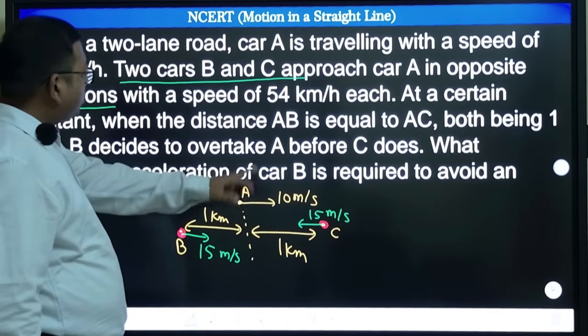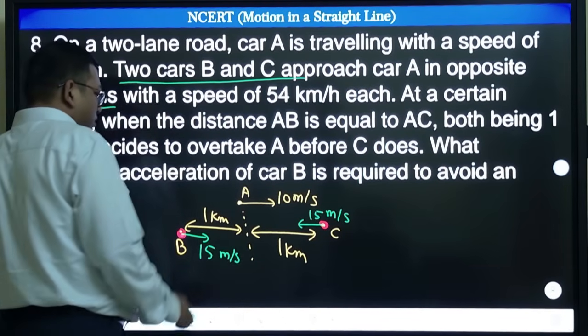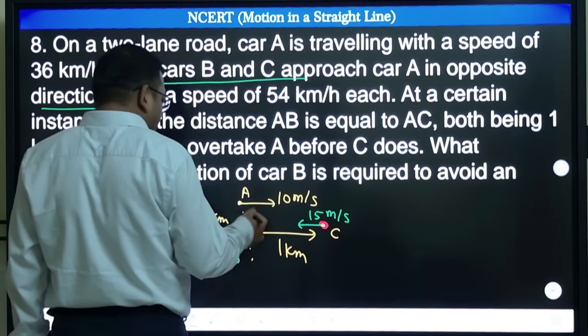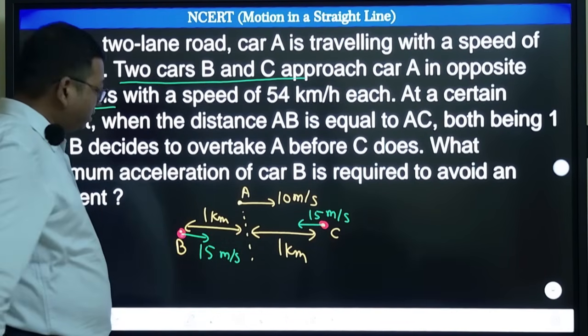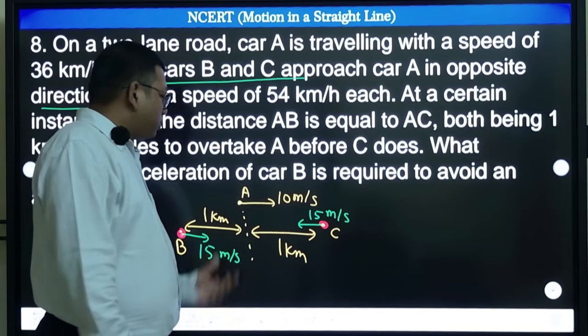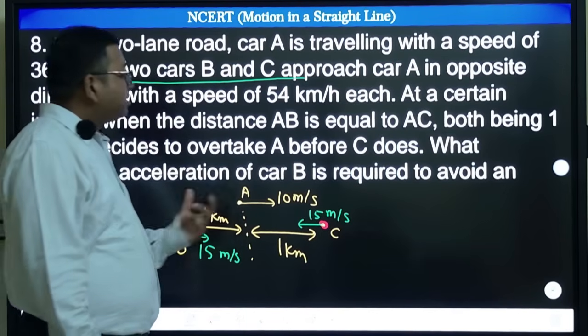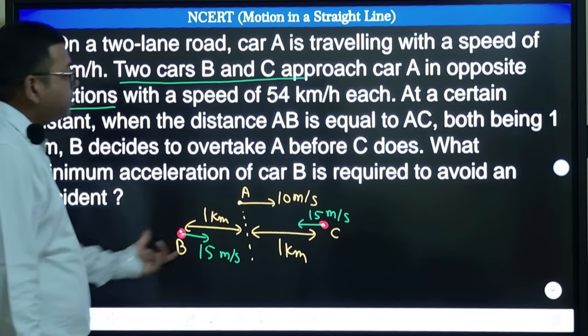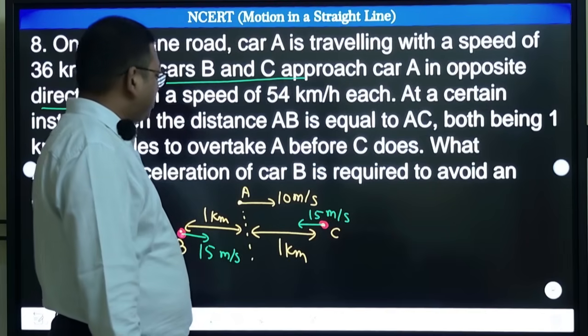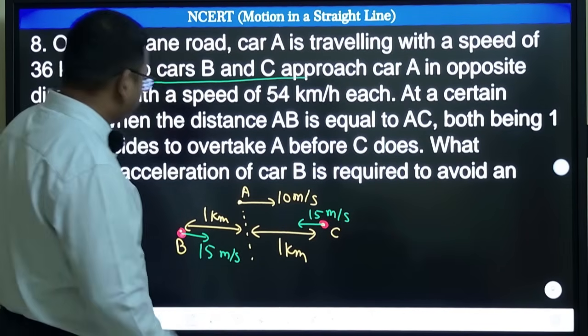B decides to overtake A before C. So before C will reach here, B has to reach here, or you can say almost same time they reach here. Okay, but what is that time? I think they are asking what minimum acceleration B should have.